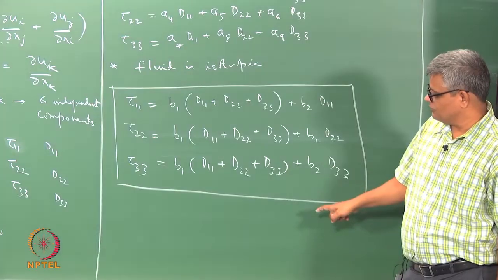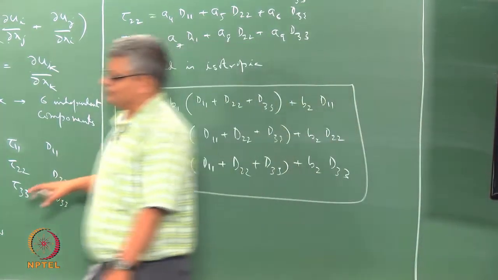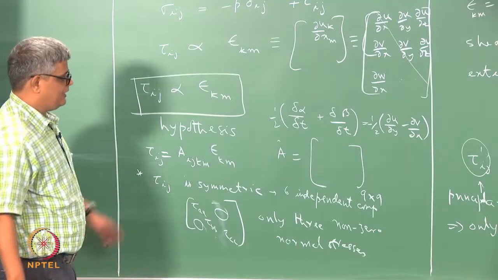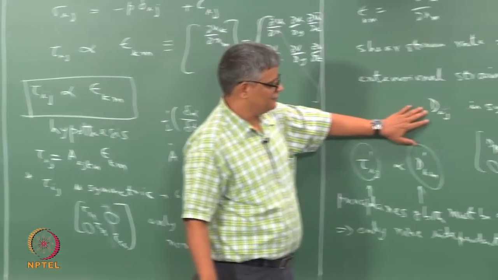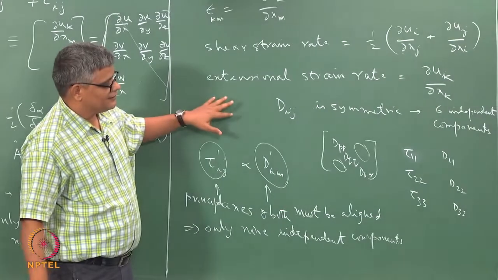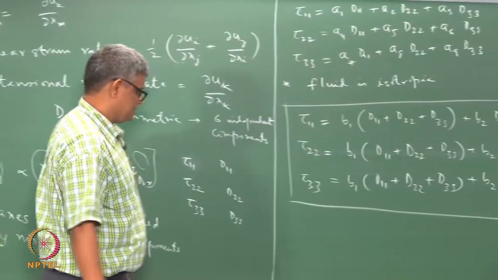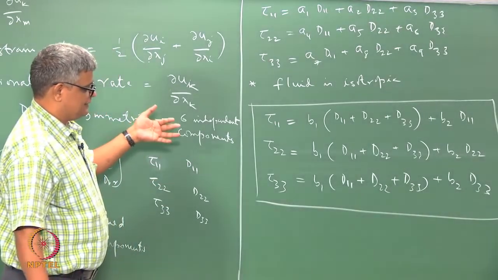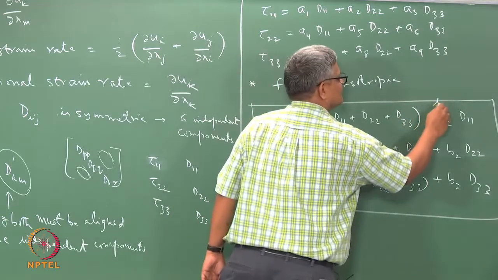So now what we are saying is that this linear relation between a symmetric stress tensor and a symmetric deformation rate tensor for an isotropic medium would have only two independent constants, and normally we put this as lambda and this as mu.